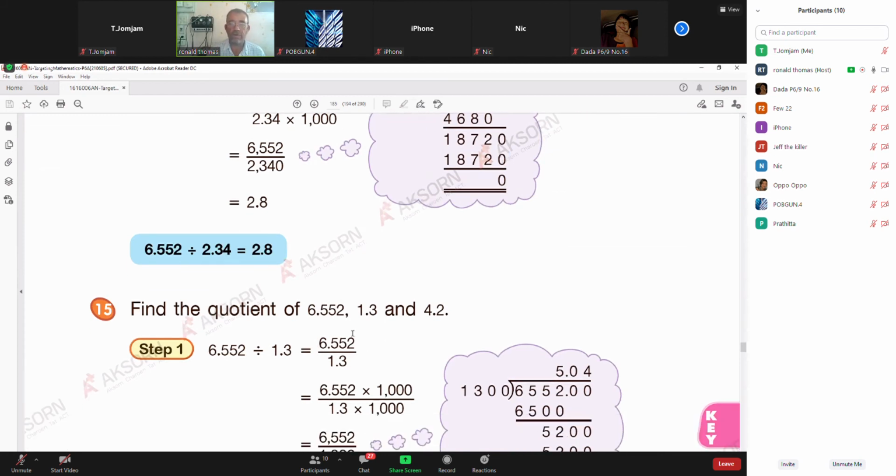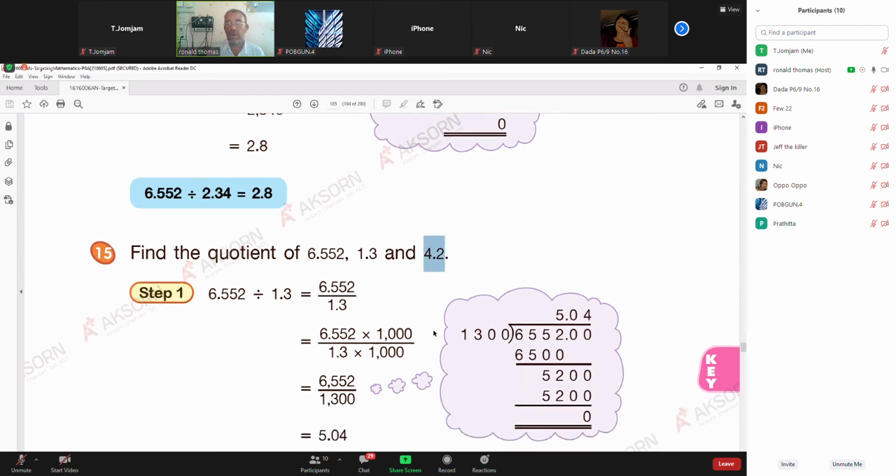Notice first the quotient. We need to find the number 6,552. Now, page 186, everybody. 6,552, 1.3, and 4.2. So, what are we going to do?